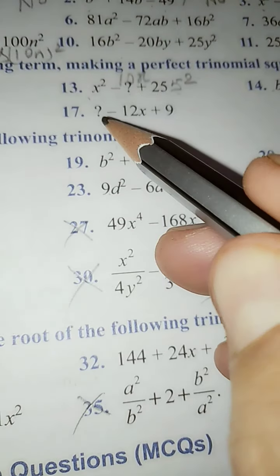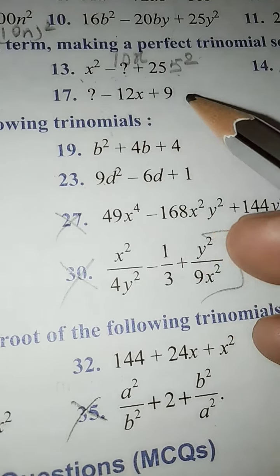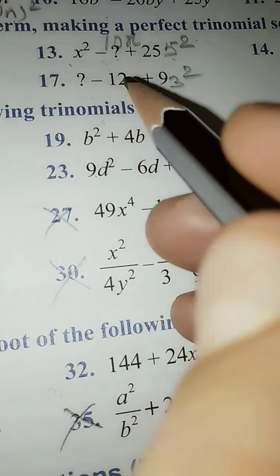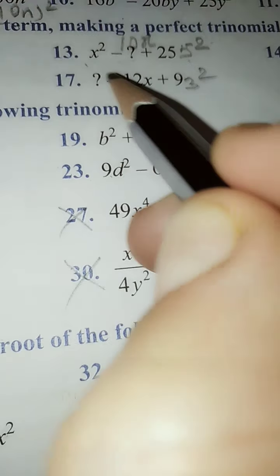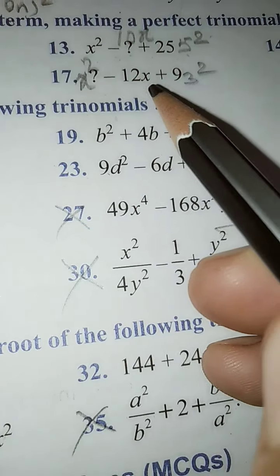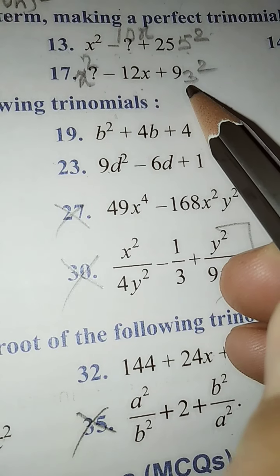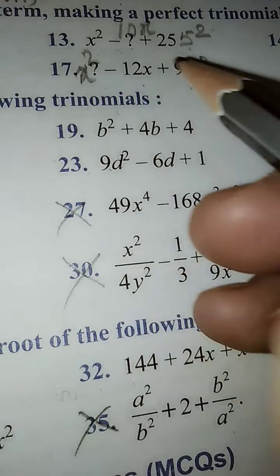Now question mark minus 12x plus 9. 9 is 3 square. Here it is x, so definitely x square will be there. Let us check the digits. 12 you can write as 2 into 6.